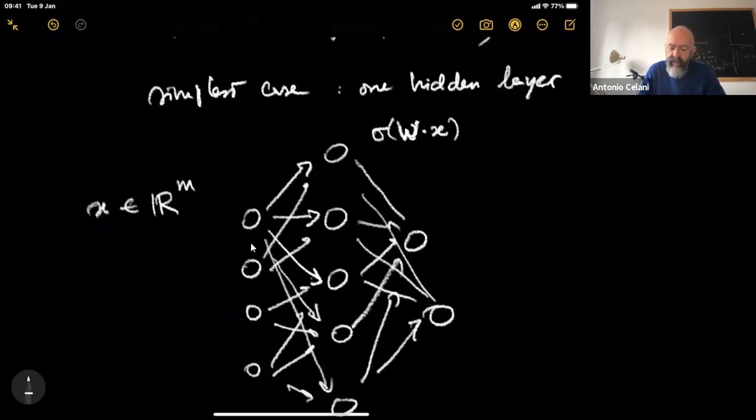Okay, and here maybe you just do a linear collection. So then you just sum up everything with some linear operation, and then you have in output some vector y which belongs to Rn.